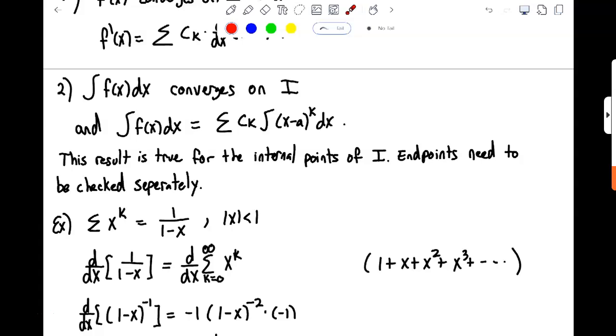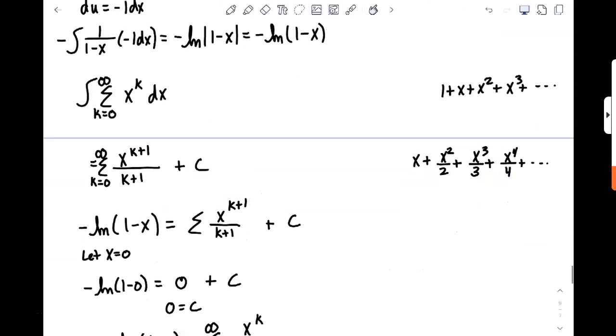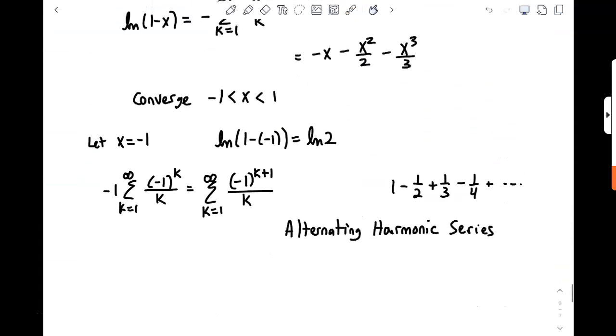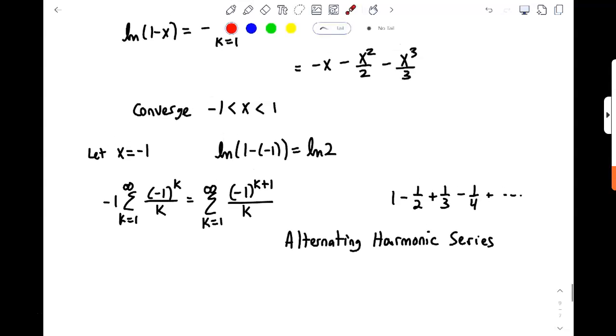So that's why we can't say it yet. But it turns out it actually is the case. And so that's a neat little thing, that the alternating harmonic series actually comes out from a power series for the logarithm.